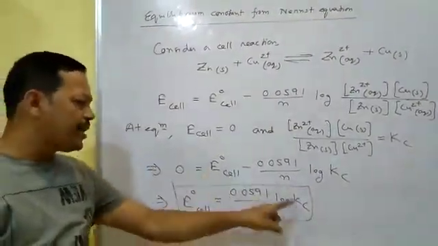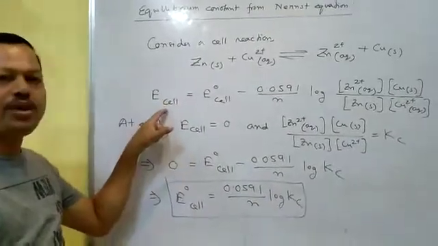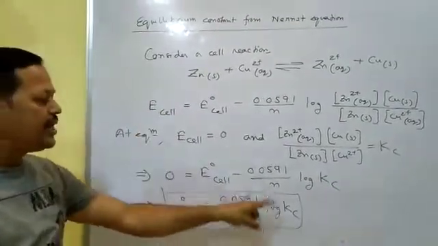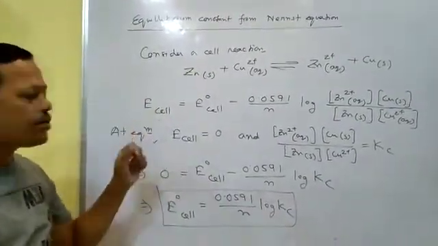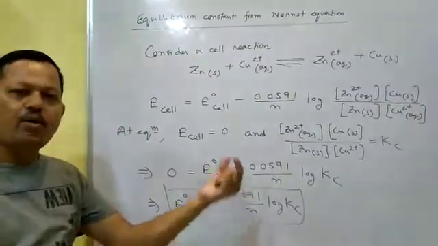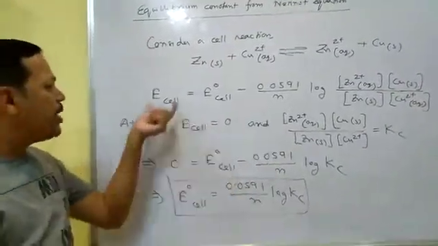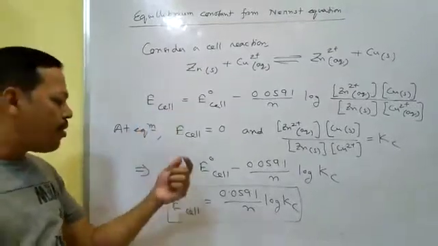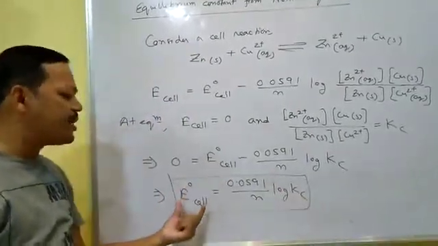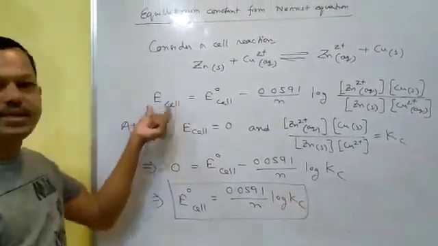Always remember, Kc is not related with EMF. Kc is not related with E cell because Kc is applied only at equilibrium, and at equilibrium E cell is always 0, and that is why Kc is always related with E naught cell, not with E cell.